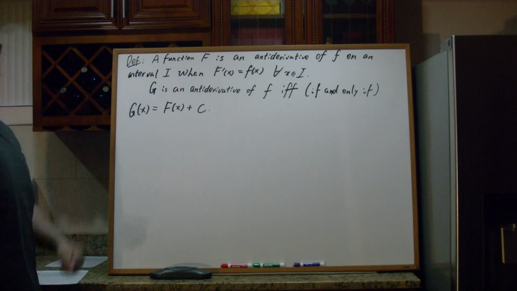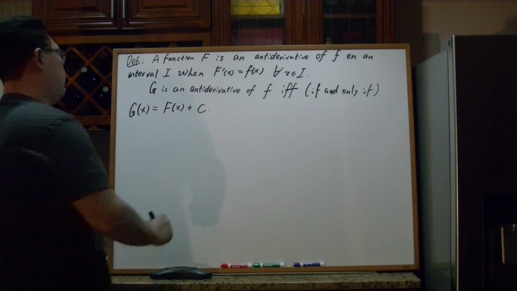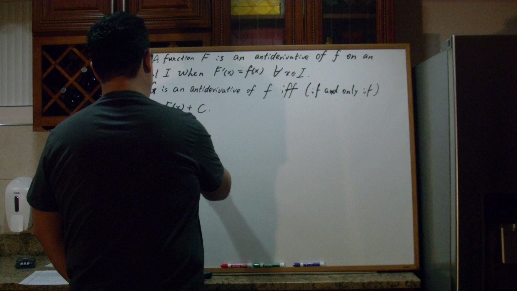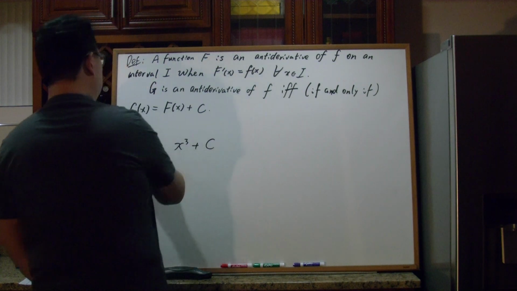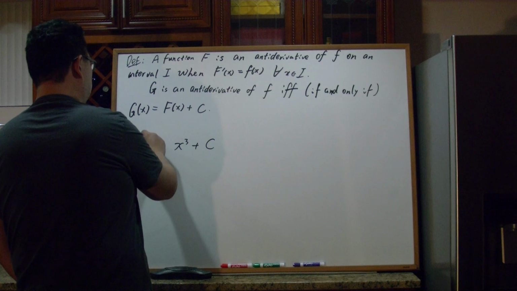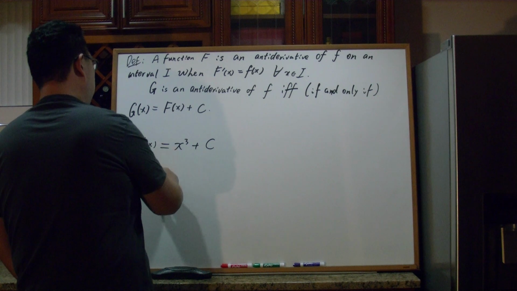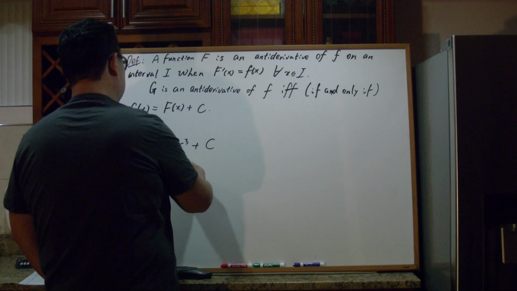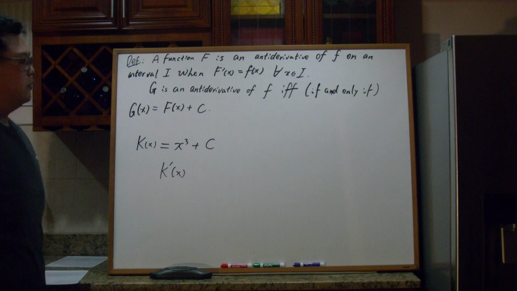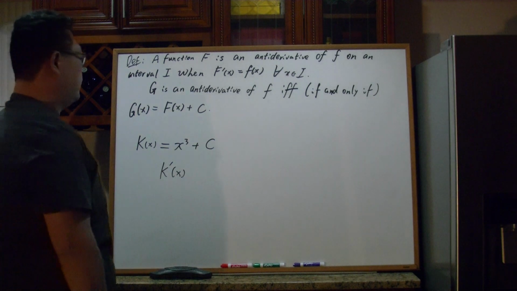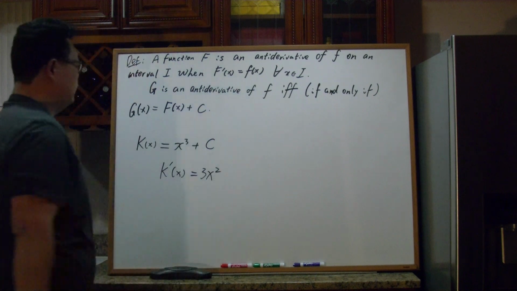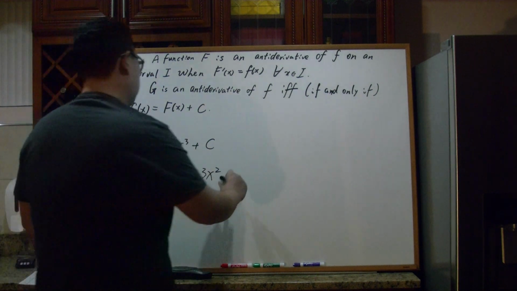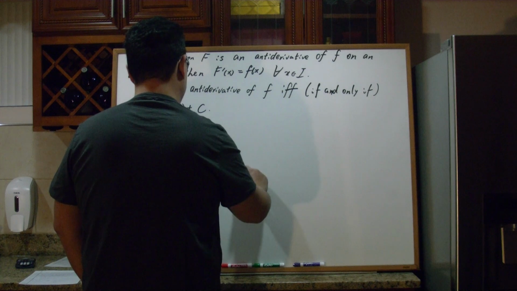Right, we have seen the example before. Any constant added to x to the third, let's call that k of x, then any constant attached to x to the third will have a derivative of 3x squared, which is our f of x in the previous example.